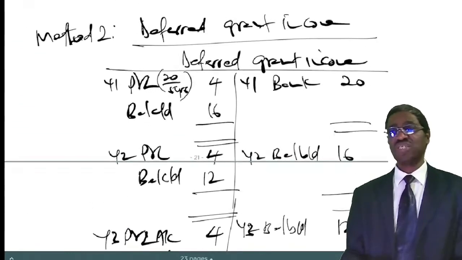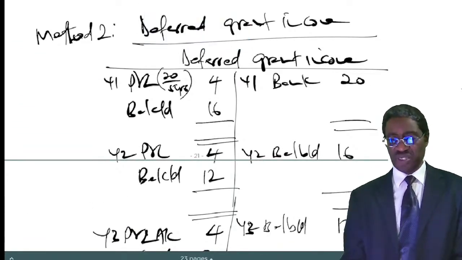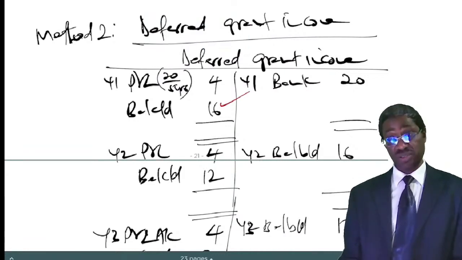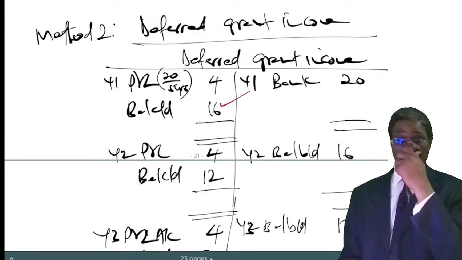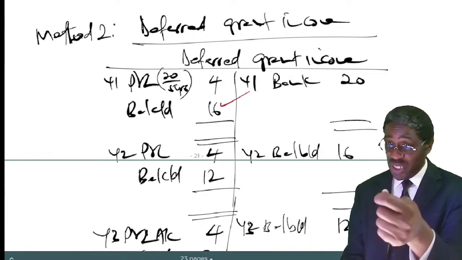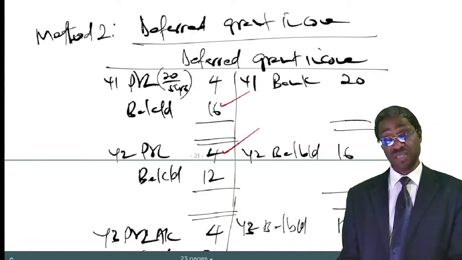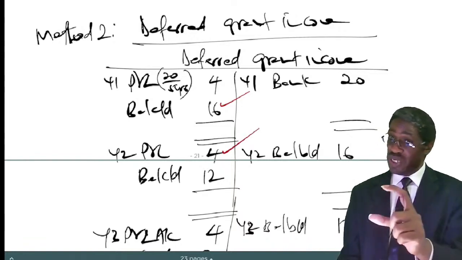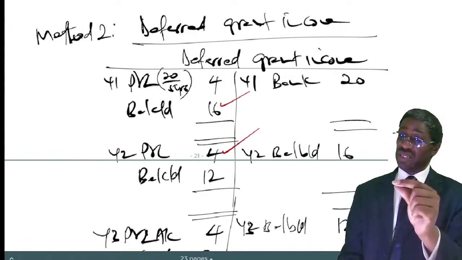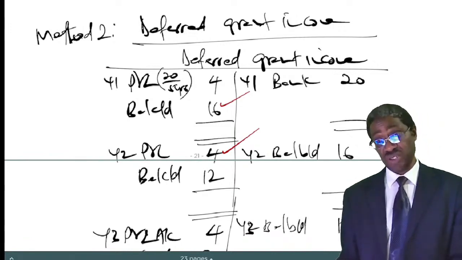Look at the account here. We had a deferred income of 16 by end of year 1. I told you that in the next 1 year, we shall have recognized 4 out of 16. Then I told you it means out of 16, 12 will take me more than a year to recognize.